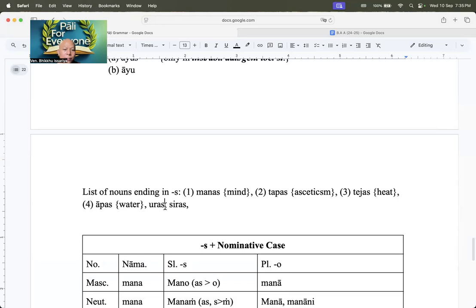And uras. Uras means chest. And siras. So siras means head.